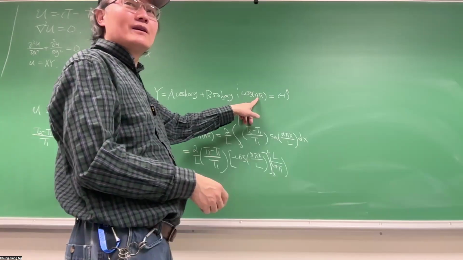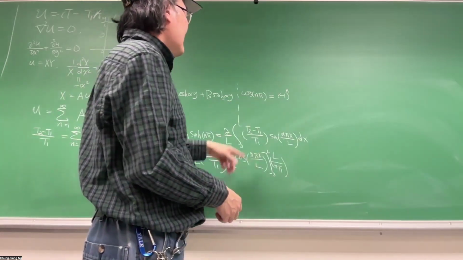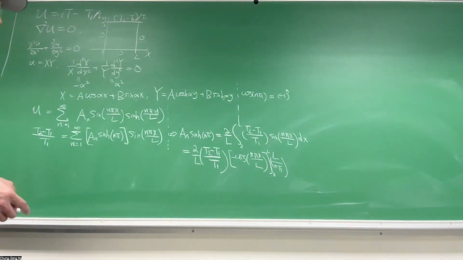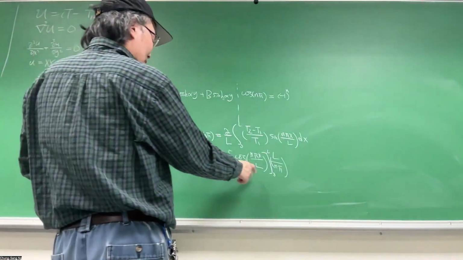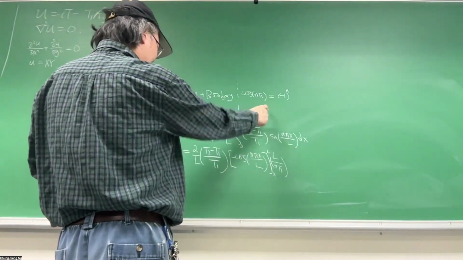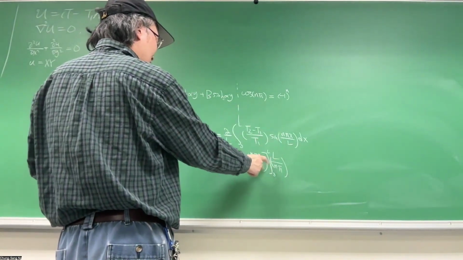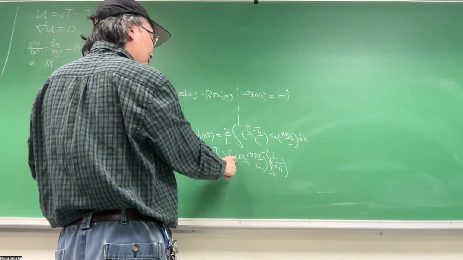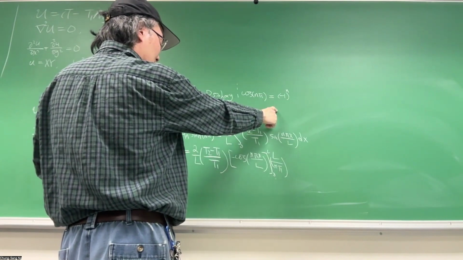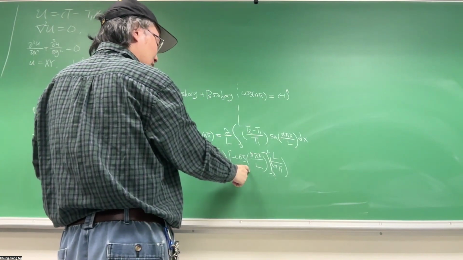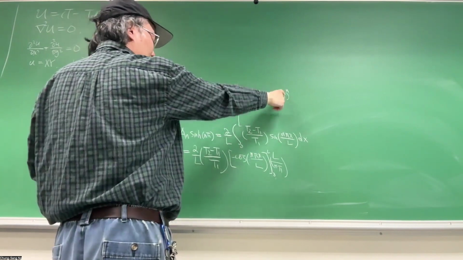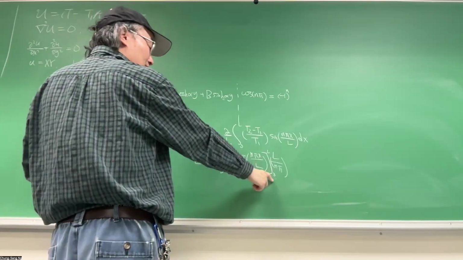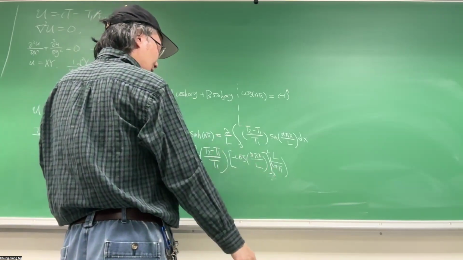Cosine 2 pi is 1, cosine 0 is 1. All the even terms are 1, so this is 0 when you subtract by 1. Because of your subtraction, even terms will cancel. Only odd terms will give you a factor of 2, right? Because when n is odd, it's minus 1, so minus 1 minus the lower limit, plus 1, right?